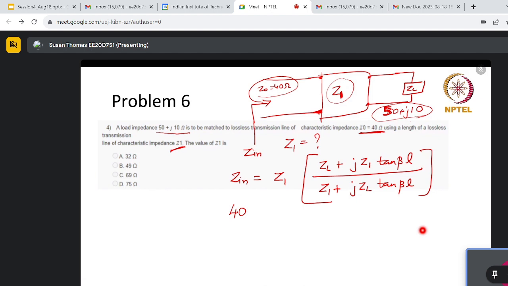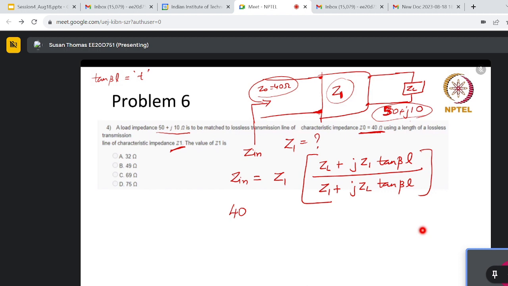For simplification purpose, let's assume tan beta L is t. For a particular constant length of the transmission line, tan beta L is a constant number.